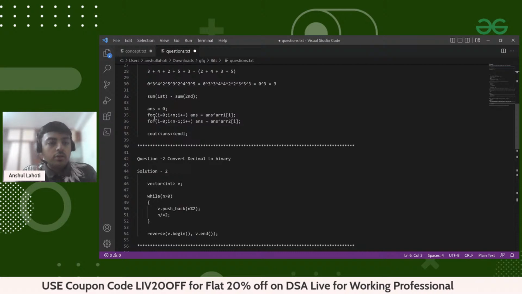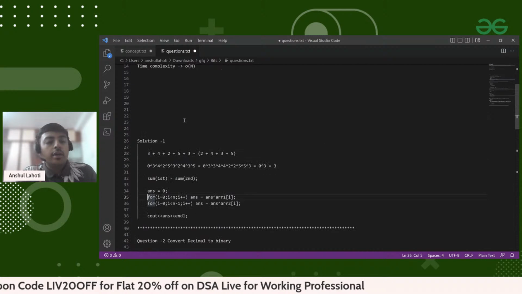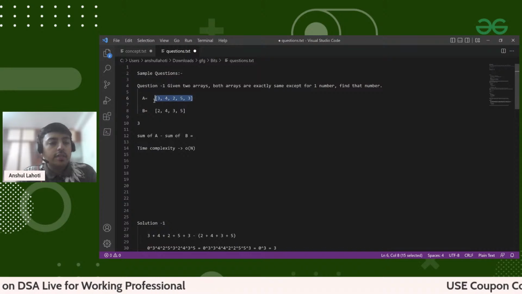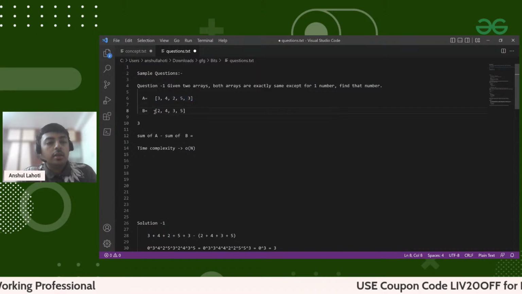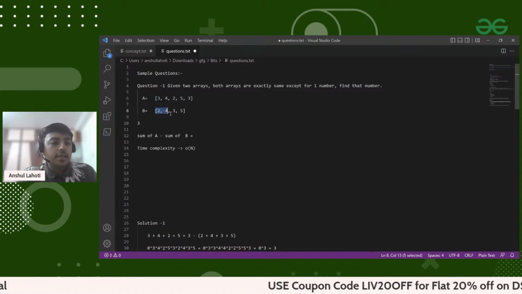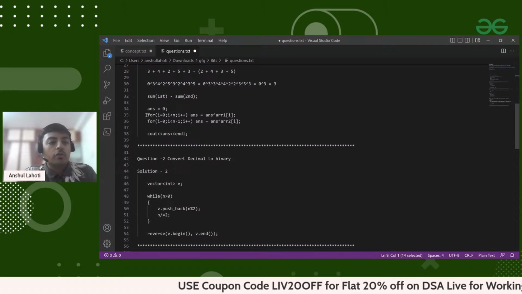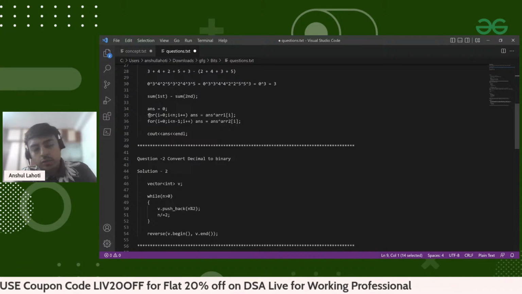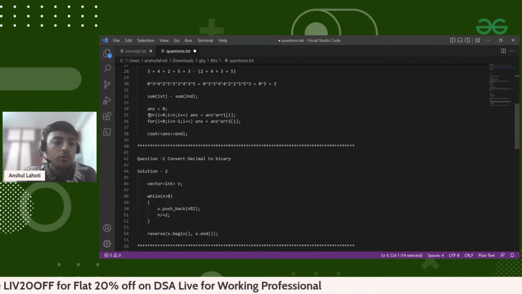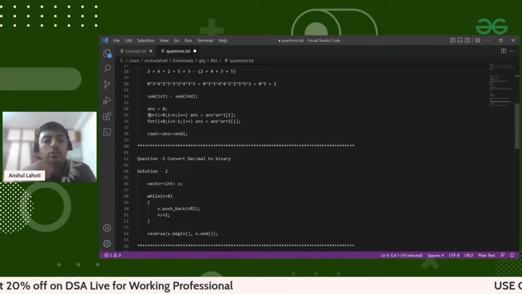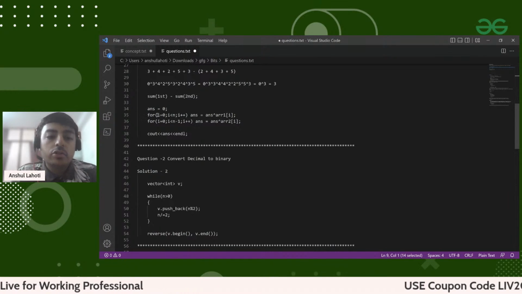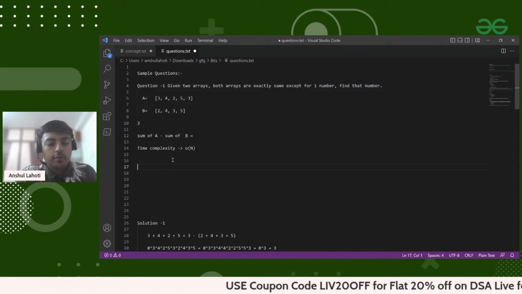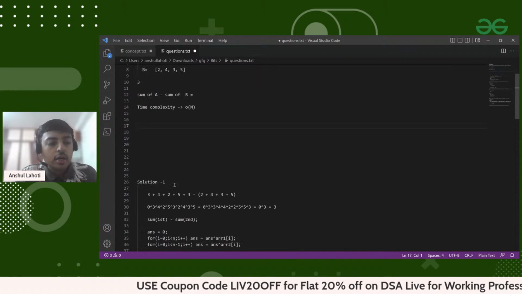Suppose the length of this array is n, and in the other one number will be less, so it's n minus 1. We will write a loop from 0 to n minus 1, and take the XOR of all the numbers from that array.